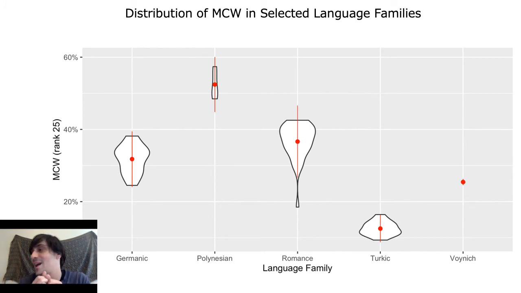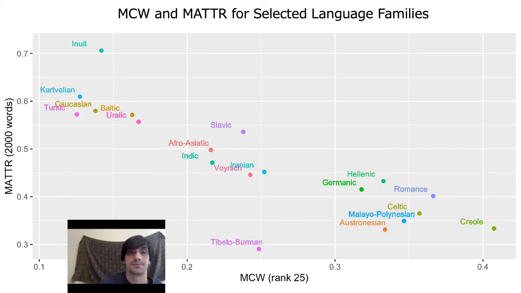So if there are multiple gendered forms of a determiner, and a determiner is the most common word, then that sort of spreads the distribution out. So this is a similar situation. We find Voynich patterns a little bit more like Germanic and Romance, and Polynesian and Turkic are outliers.